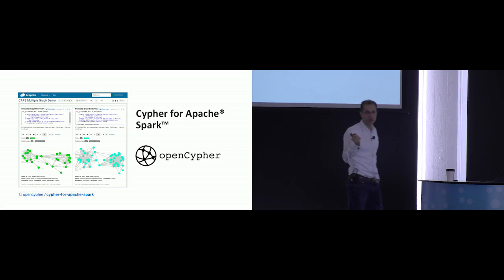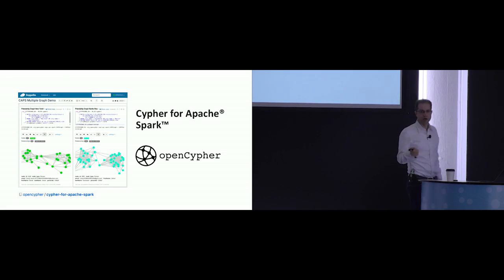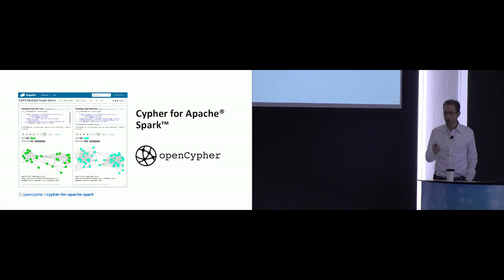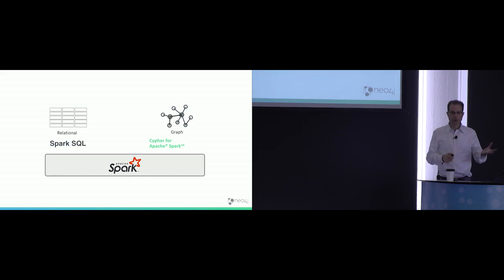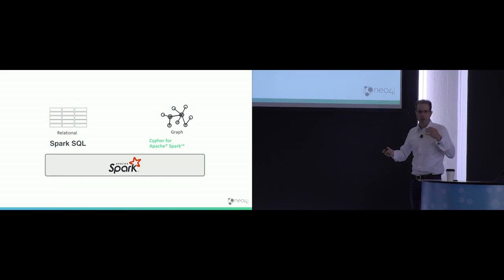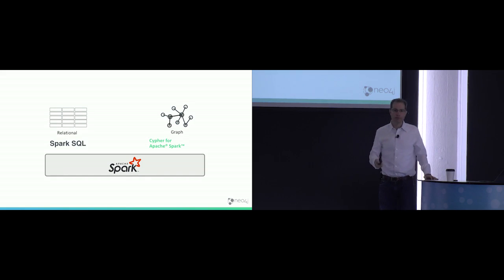The project is out there. Feel free to check it out. It's on GitHub under the OpenCypher owner. And this is the vision: you'll have a relational view and a graph view, and you'll be able to interchange those views and have different languages accessing the same data set. And we're not far from actualizing this.